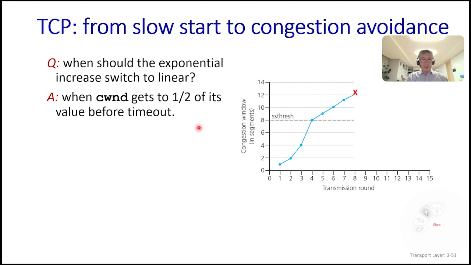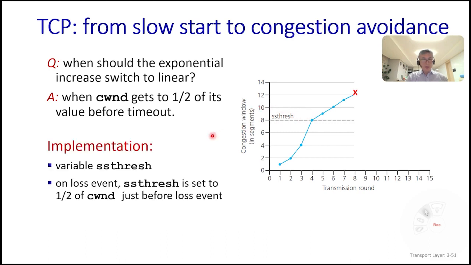The question is, CWND gets to 1/2 of its value before the timeout. So this CWND 1/2 is usually the slow start threshold.